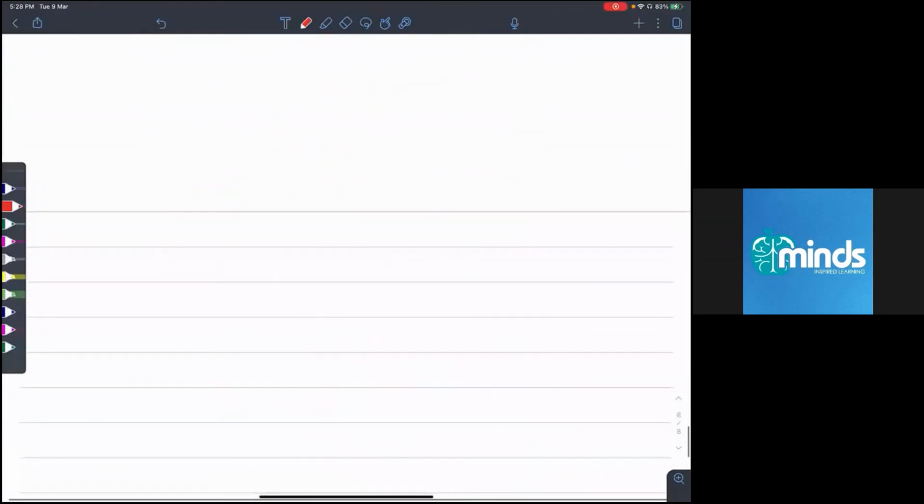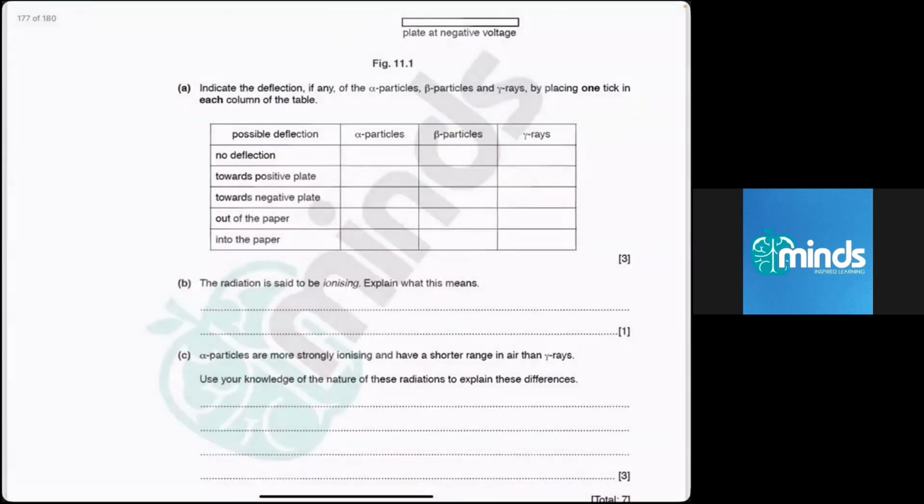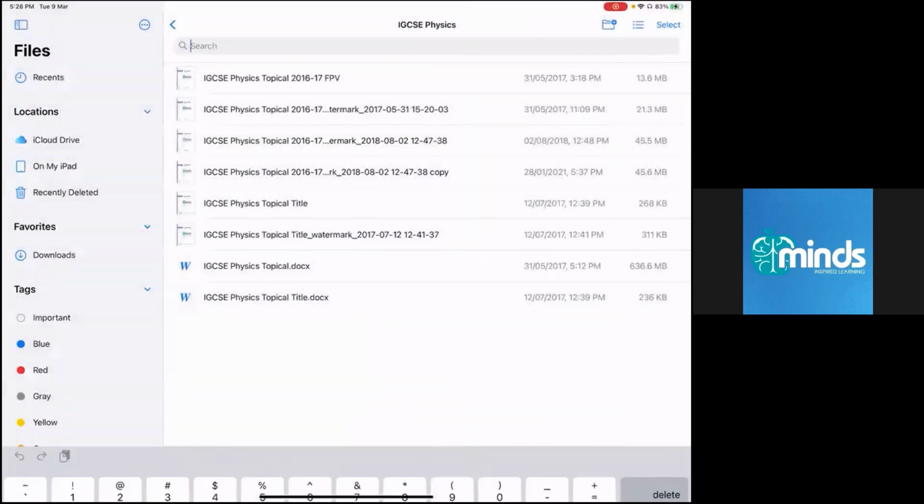Now, let's solve some questions related to X-rays.